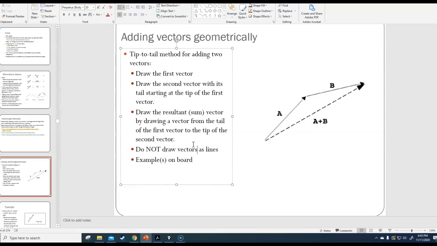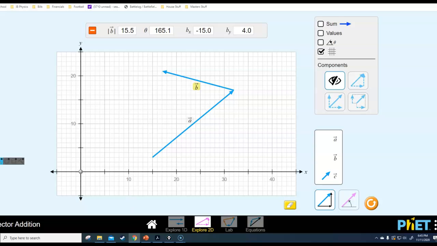So we are going to draw a vector starting at the tail of vector A and going directly to the tip of vector B. What that would look like on your paper is you would start at the tail of the first vector and draw an arrow going to the tip of the second vector, and it would point that way. So if this is vector A and this is vector B, the resultant, which I will call R, would be drawn like this. This black vector right here is the resultant vector.